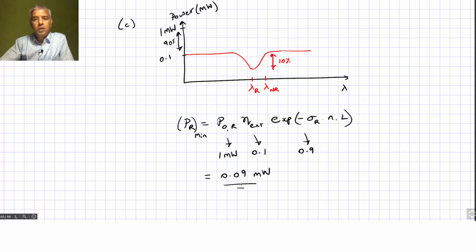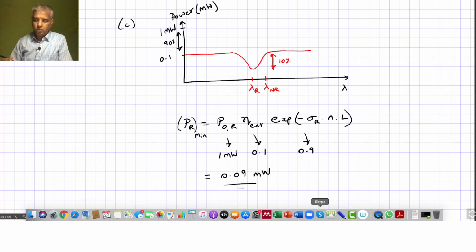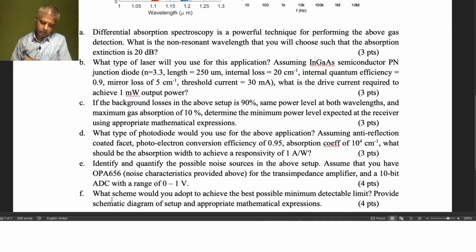So now we need to build our receiver such that it's capable of picking up this minimum power level. Okay, so let's now move on and see what else. I think we are now ready to design our receiver. So let's just go back and see what we need to be doing next.